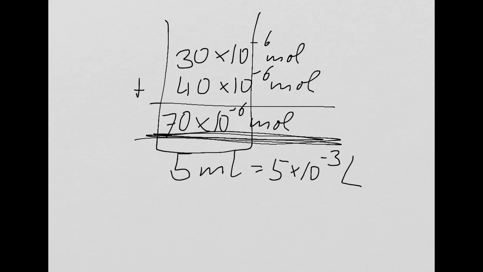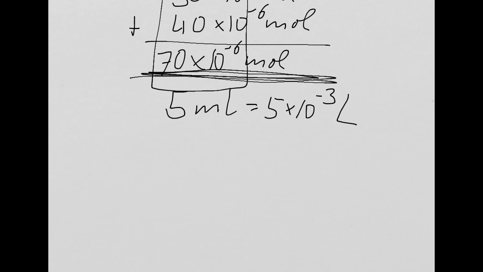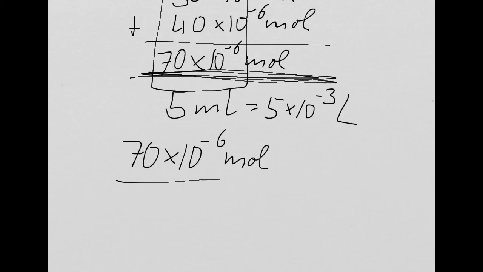Milli. Convert that. So I have 70 times 10 to the minus 6 mole in 5 times 10 to the minus 3 liter.